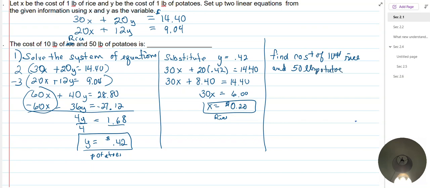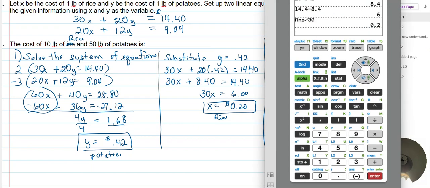So we have 10 times the 0.20 plus 50 times the 0.42, which is $23.